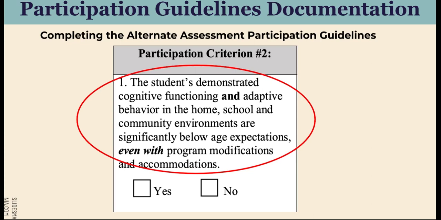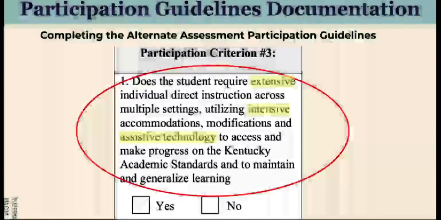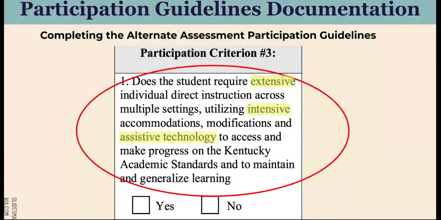Additionally, even with accommodations and modifications to the curriculum, the student is unable to access the same academic supports as their peers. It goes on to ask, does the student require extensive individual direct instruction, including intensive accommodations, modifications, and assistive technology?